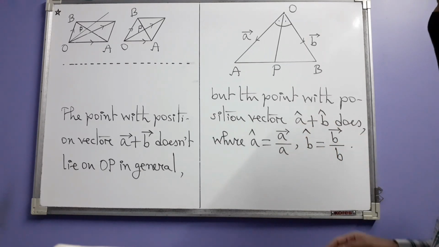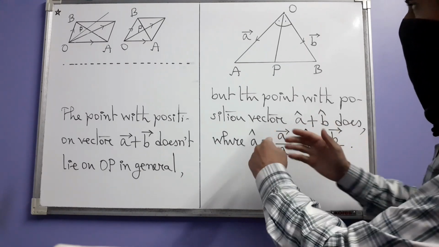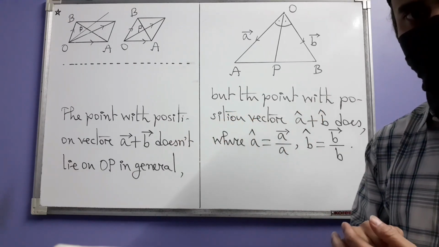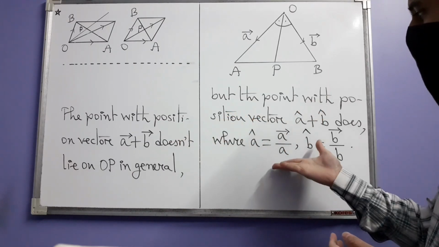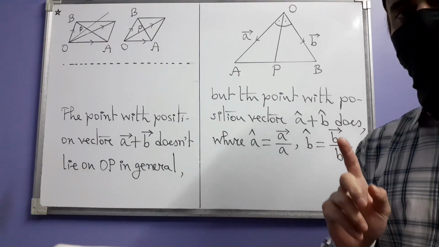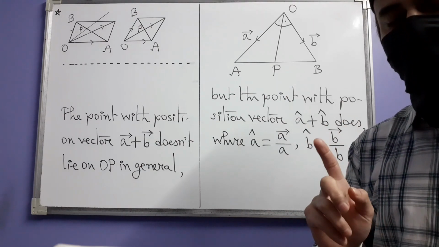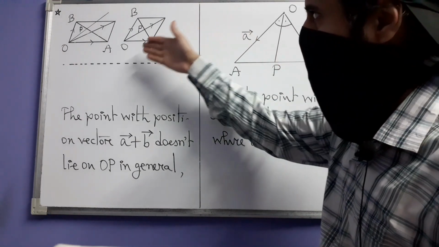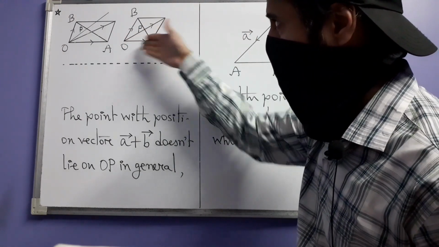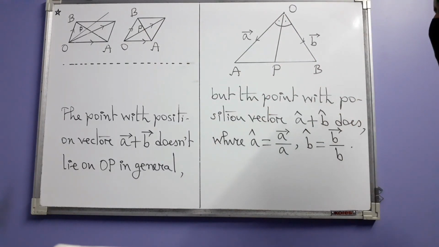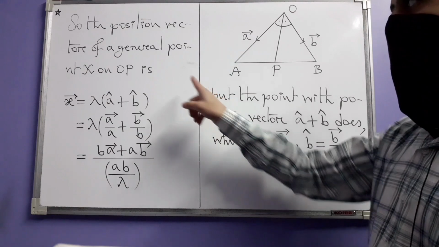This works because these two vectors have the same direction as A and B respectively. And additionally, they have the same magnitude, and that magnitude is 1 because they are unit vectors. So in this case, the two sides have the same length. That is why. And this fact next gives us this.